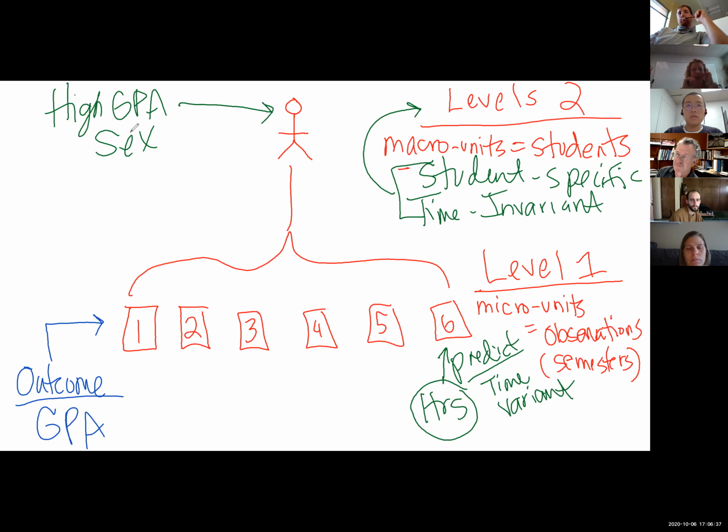That's the decision here. So high school GPA and sex for this one are definitely level 2 student-specific time invariant predictors of GPA. And hours worked is a time varying covariate, a level 1 predictor.